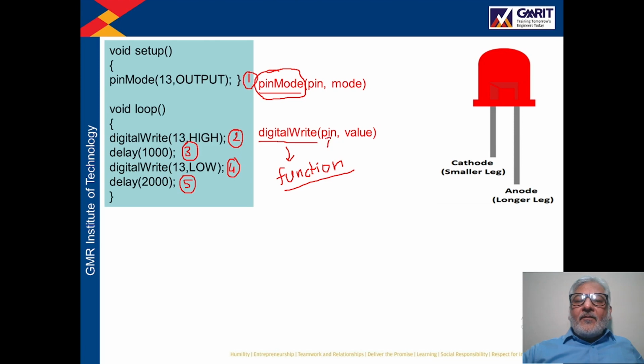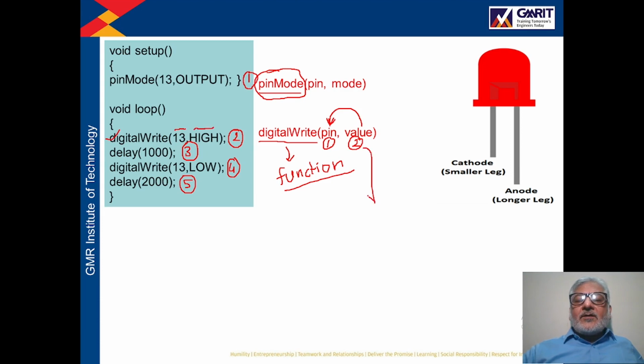Argument number 1 is pin, and argument number 2 is value. So here a digital value will be assigned to a specific pin, which is mentioned in argument number 1, right? See how I have written this statement: digitalWrite, then 13, comma, HIGH.